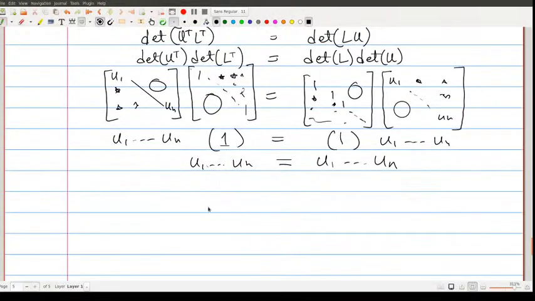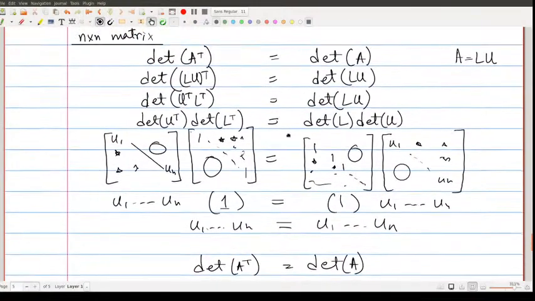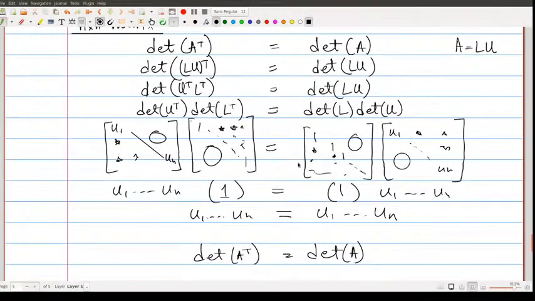So we see that the determinant of A transpose is equal to the determinant of A. And the quickest way of seeing that is, again, just the way we know how to compute the determinant: convert it into triangular matrices, find the individual determinants, and then multiply them together.